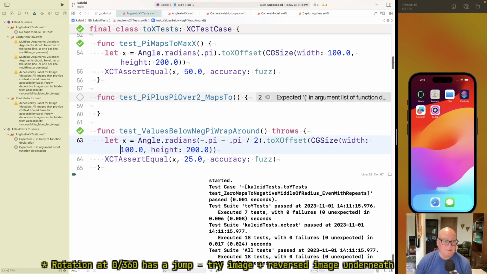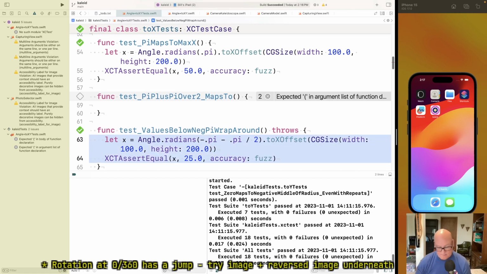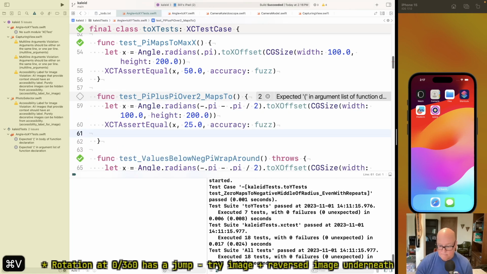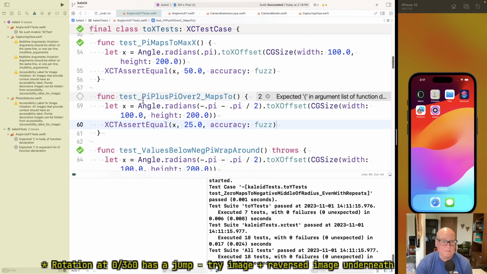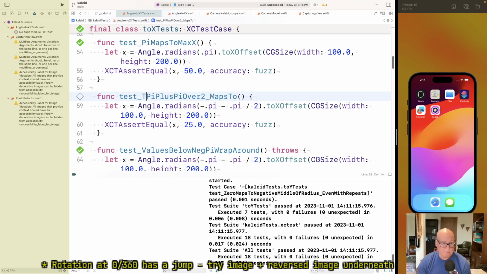Okay, so I guess that's pi is 3 pi over 2. Okay, so 2 pi wraps there, going back a half a pi, right?